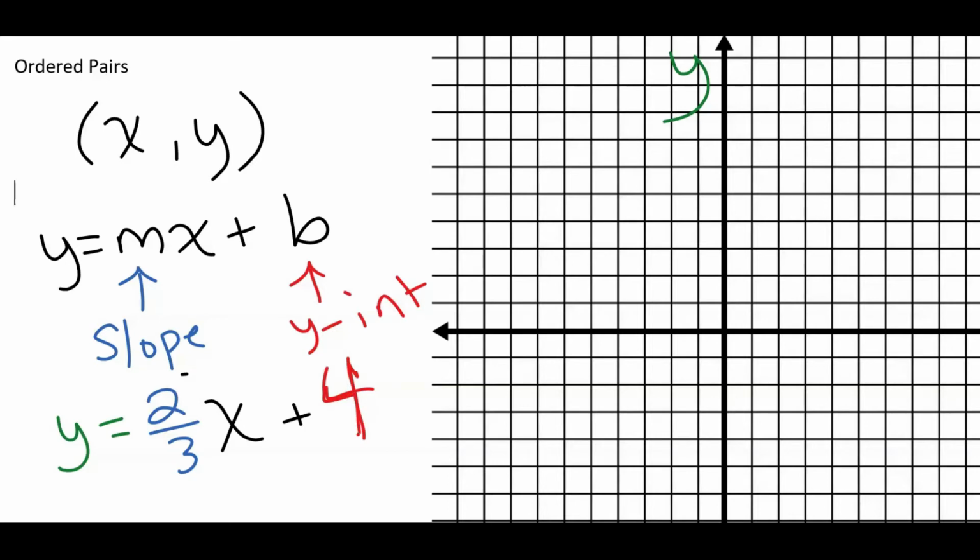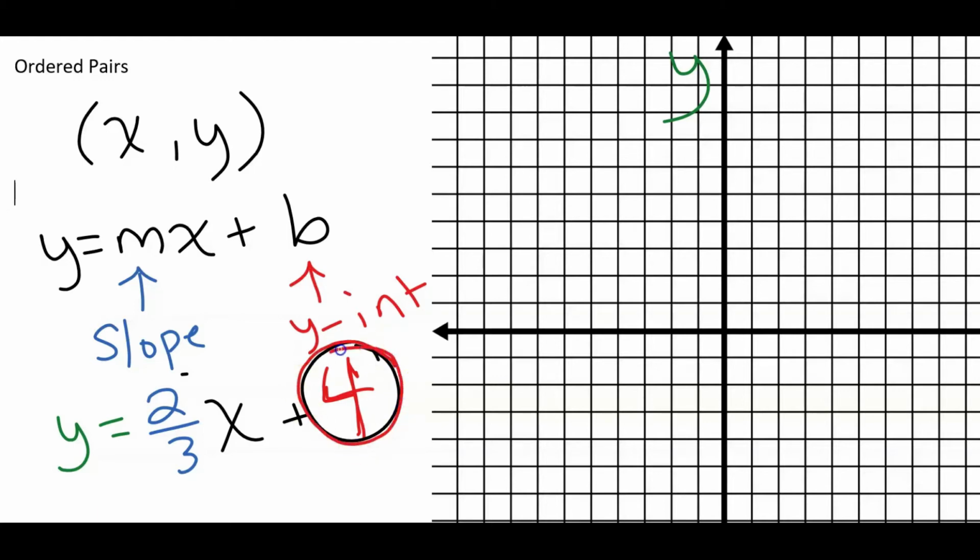Now, this positive 4 over here, my y-intercept, that's where I'm going to start. If I'm given an equation in slope-intercept form, this is always telling me where to start. This is saying start at positive 4.